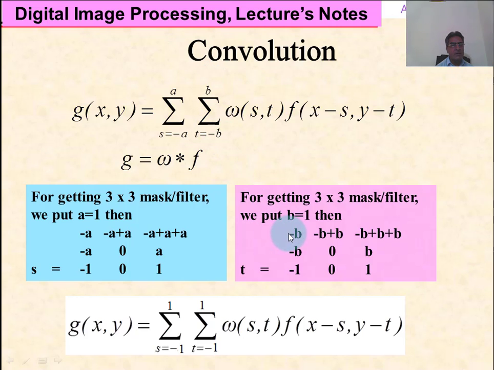How will we move from -b to b? In a for loop we increment and go to the next cycle: -b, then -b plus 1, and then the next increment.